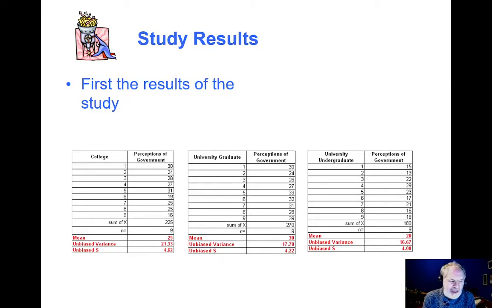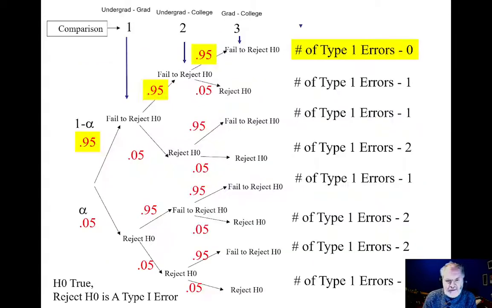Now, what's critical is, if I do my 3 comparisons, I call them t-tests, but they're 3 comparisons. So the first t-test would compare the undergrads to the grads. The second t-test could compare the undergrads to the college. And the third t-test would compare the grads to the college, right? 3 separate independent t-tests.